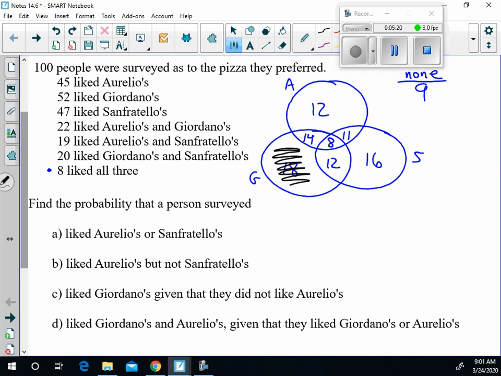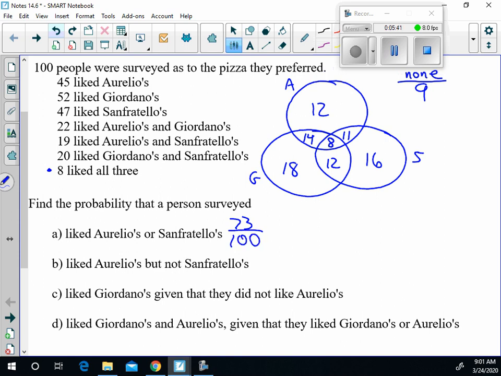So now if I add up what's remaining, I get 12 plus 14 plus 8 plus 11 plus 12 plus 16. I've got 73. Before I do anything else, I'm going to back that scribble off. I've got 73 out of 100 like Aurelio's or San Fratello's.